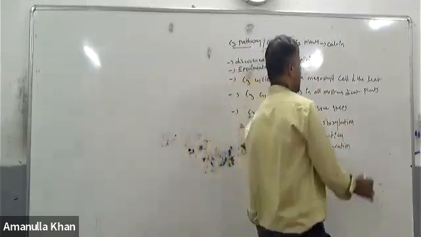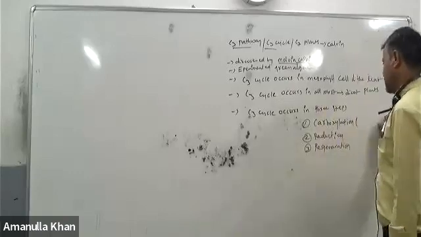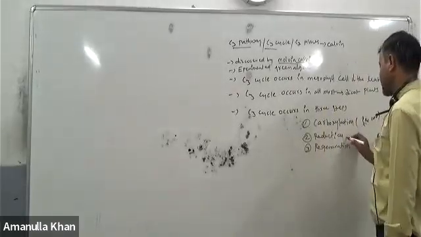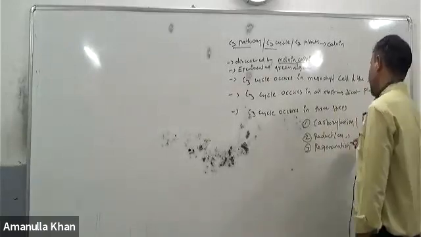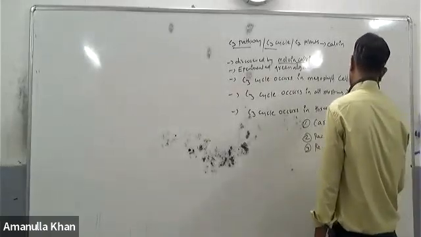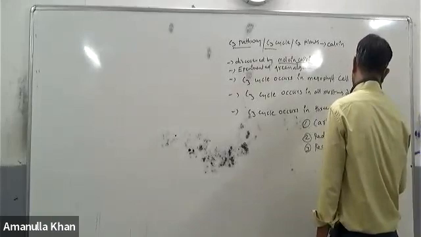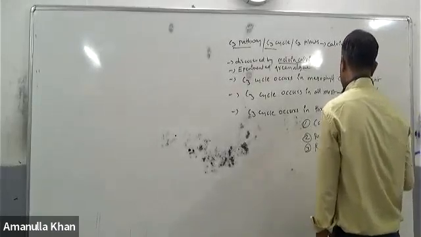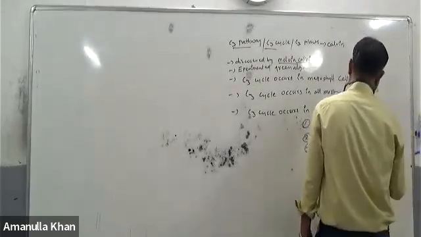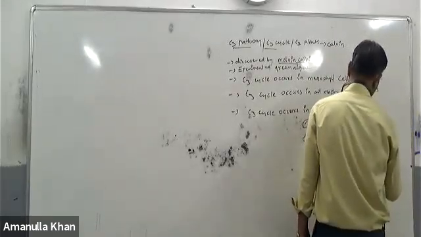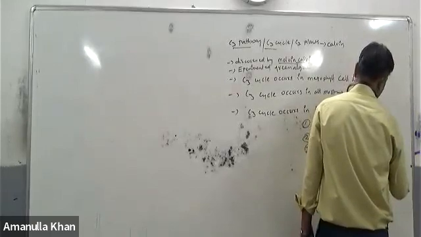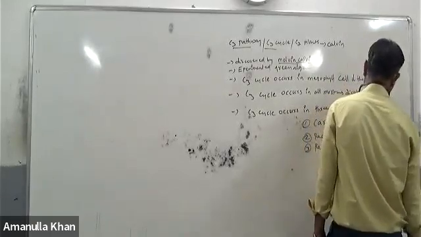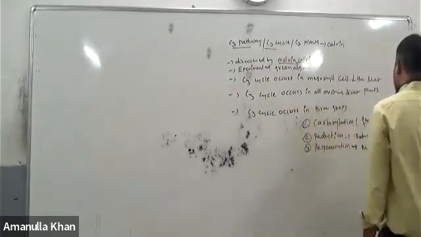Carboxylation means in this step we fix the carbon dioxide. Reduction means here we reduce the CO2. Then regeneration means we again regenerate the RuBP. RuBP, ribulose 1,5 bisphosphate, is regenerated.